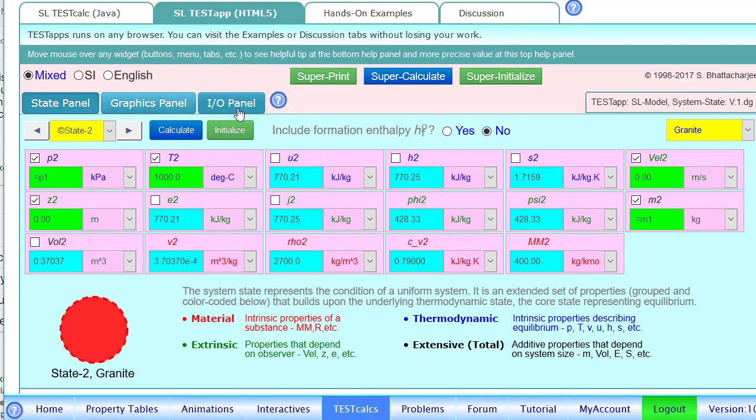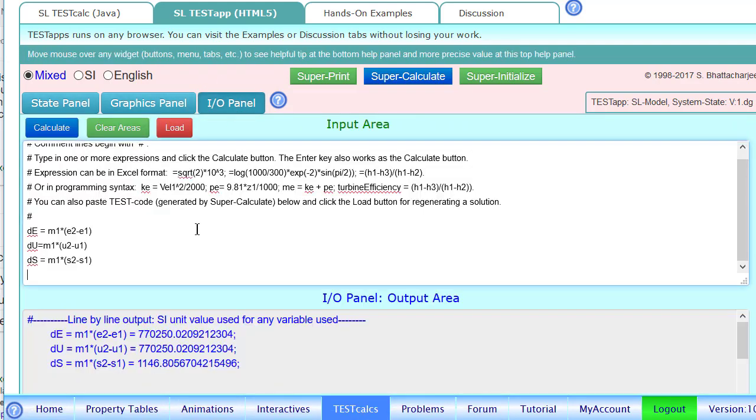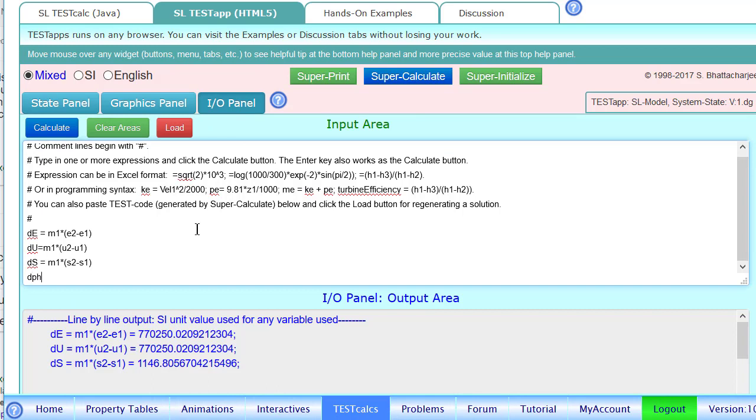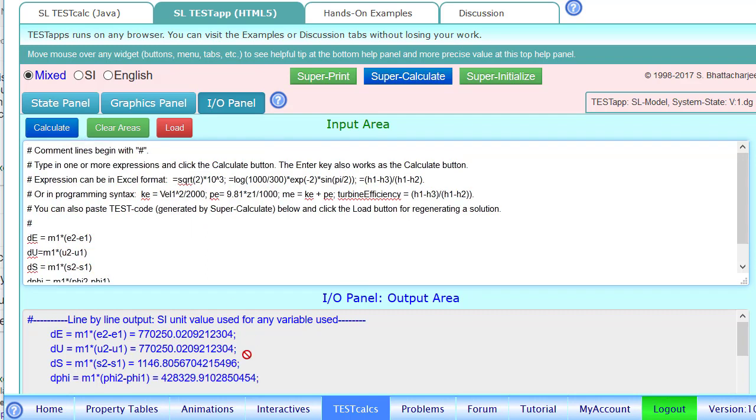Again, so to get it into kilojoules, we're going to do D Phi gets M1 times Phi2 minus Phi1, and then calculate, and we get D Phi equals 428,329.9 kilojoules.